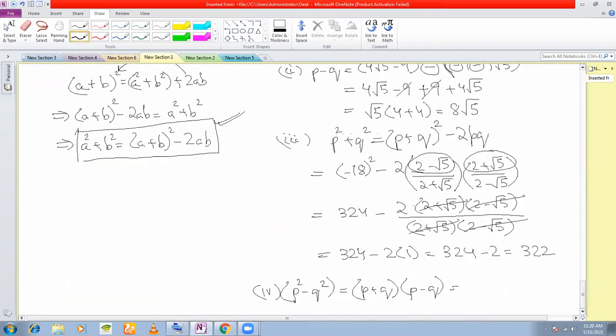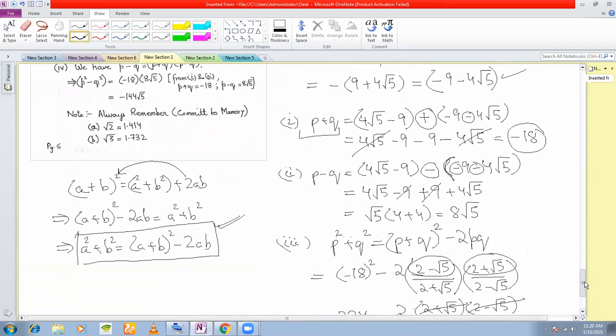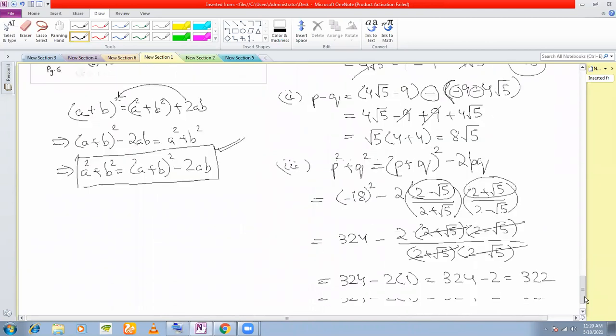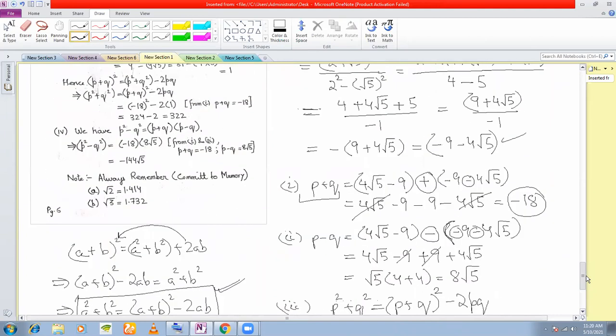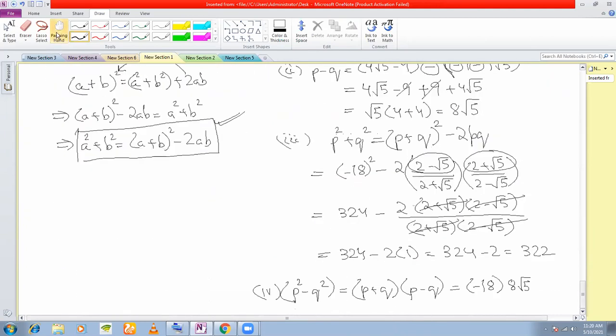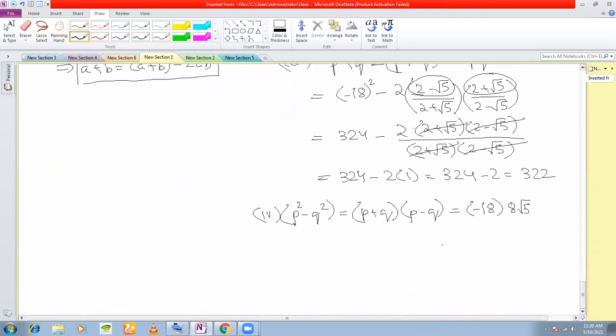P plus Q is minus 18, and P minus Q is 8 root 5. So if you multiply these two, 18 into 8 is 144 with a negative sign, minus 144 root 5. That's it. Okay, so I'll stop here.